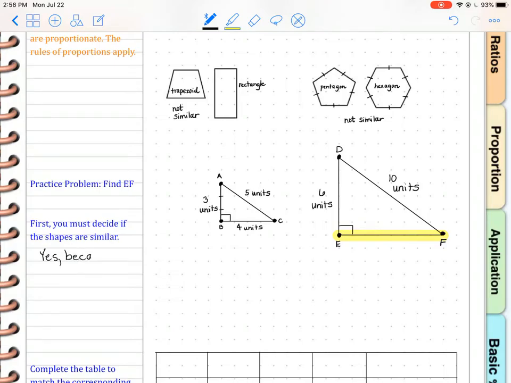is because they're proportionate right triangles.